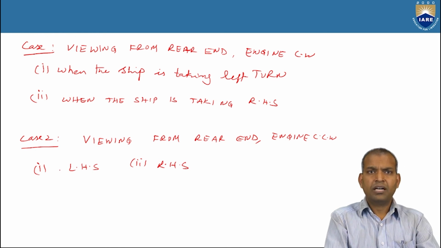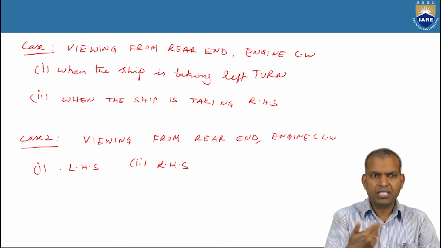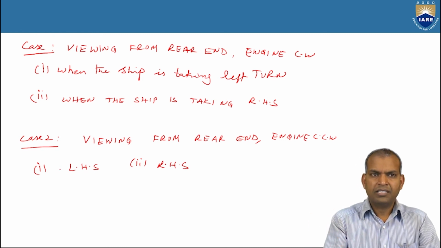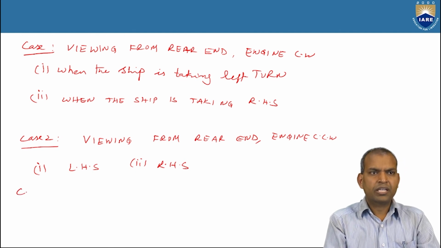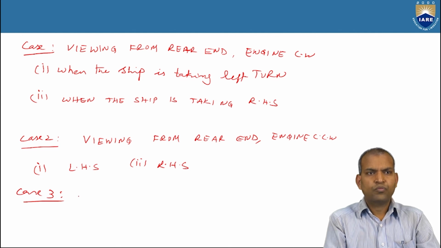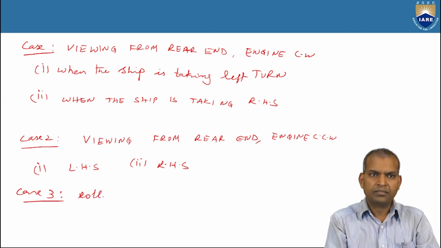After thorough understanding of these cases, we can interpret more when we are viewing from the front end, how the effect of gyroscope takes place in the same manner during left turn and right turn of the ship. Now, case 3: what is the effect during rolling?